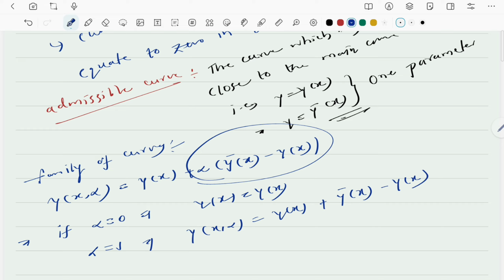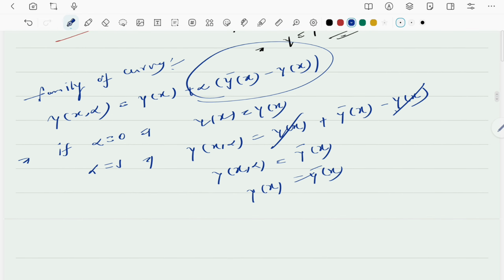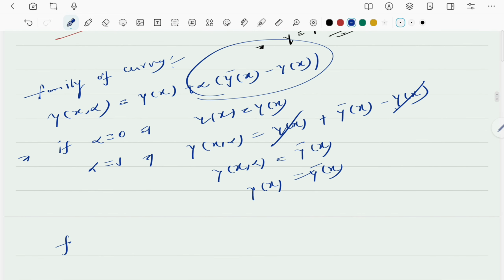Therefore y of x and minus y of x get cancelled, and we get y of x comma alpha is equal to y bar of x. That is, for alpha is equal to 1, it gives y bar of x. Therefore this is satisfied, and here we have the family of curves.